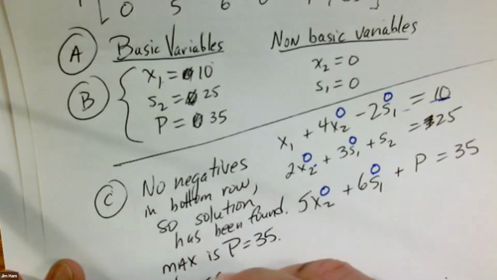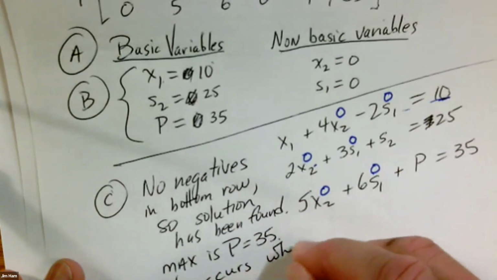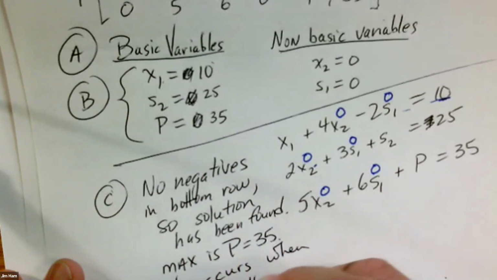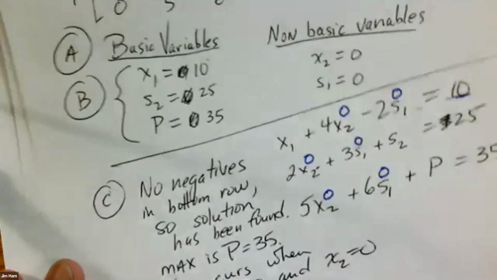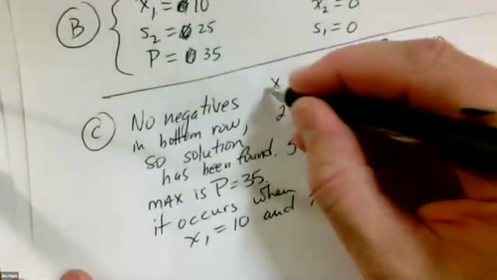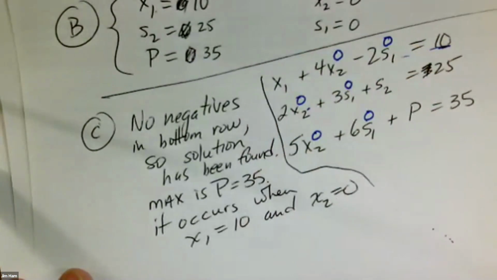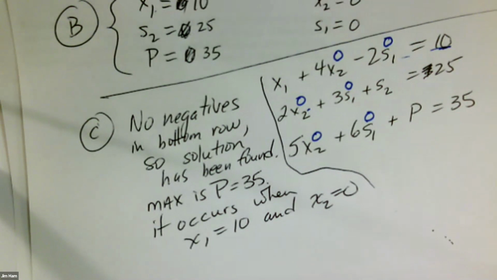It occurs when x1 equals 10 and x2 equals 0. The only variables that we even keep track of are the x's, because those appear in our original inequality. The slack variables, the s's, are irrelevant to the solution to the problem. They help us solve the problem, but they're not part of the solution.